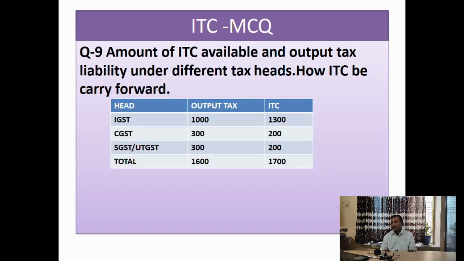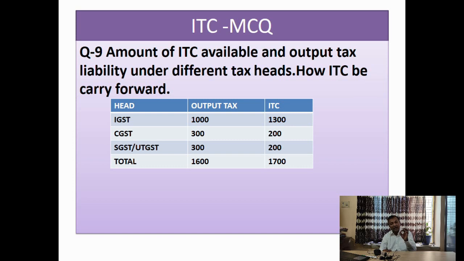Then this 300 can be adjusted here. How? Now look at CGST: CGST output 300, input 200. After CGST adjusts, the CGST output excess is 100. So the IGST excess ITC of 300, 100 will be adjusted in CGST.